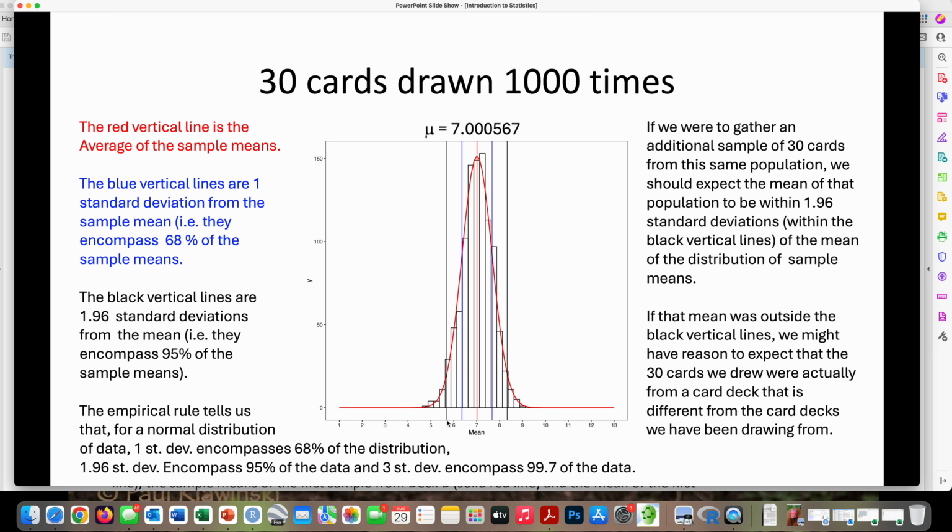It's from about 5.8 up to about 8.2. And that's not a very wide range given that the expected average is 7. And so as you increase sample size, your confidence interval around the mean generated by that sample size gets substantially narrower.